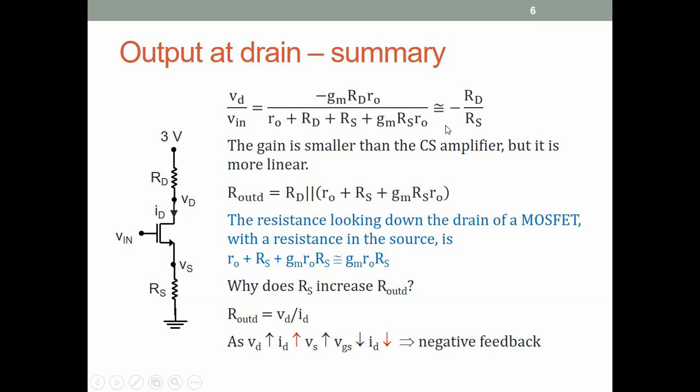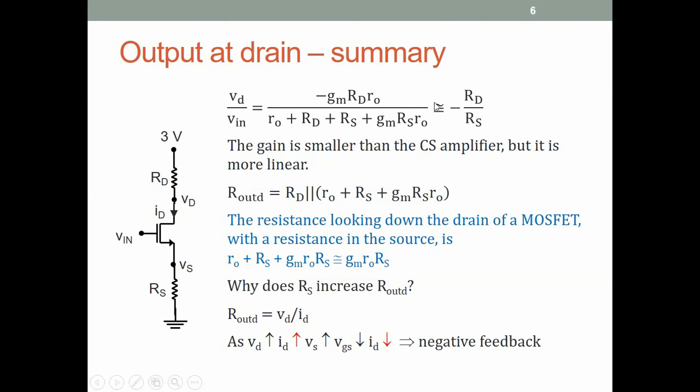And so this circuit gives us more linear gain, or it is more linear compared to the one without Rs. I'm saying more, it's not absolute, right? Because we are approximating this denominator to be this and the Gm Rs Ro, which is an approximation.